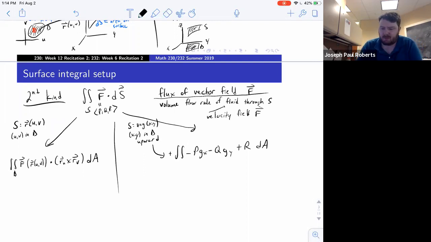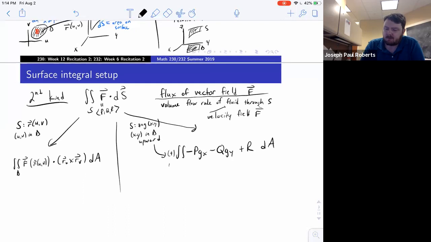Okay, let me just start over instead of trying to sneak it in the middle. So minus P g_x minus Q g_y plus R. Okay, and so the other reason I really like this graph shortcut formula is that the orientation you can correct by multiplying by -1 if you were going with downward.